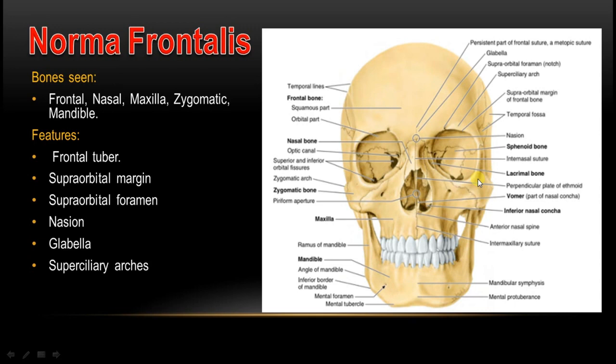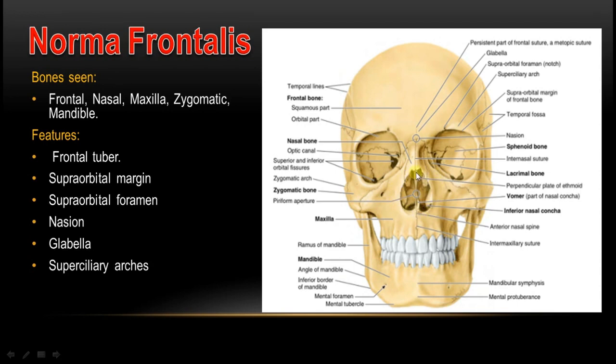Okay, then what else do you come across? The large opening you are able to see here is called the anterior nasal aperture or the piriform aperture, which is mainly formed by the two notches of the body of the maxilla coming together.